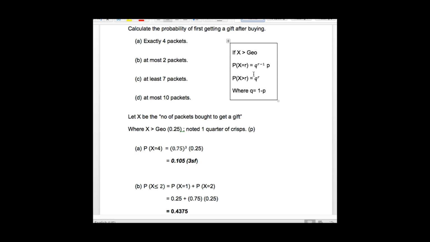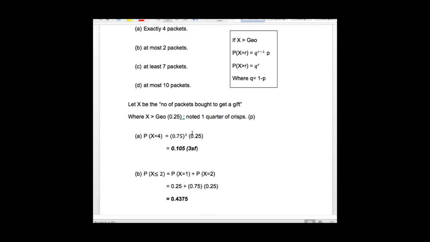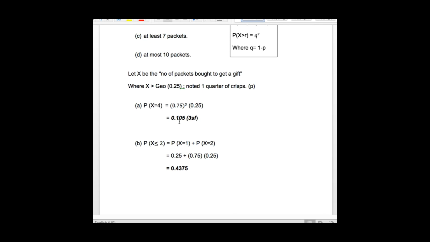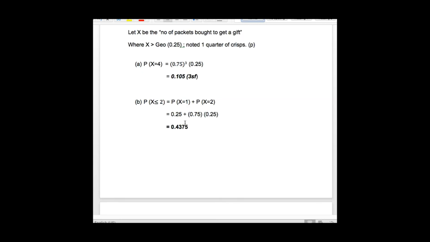The q we get here is 1 minus p, which is 1 minus 0.25, which is 0.75, to the power of 3, since r is equal to 4 and 4 minus 1 equals 3. Then multiply by 0.25, which is p. Solving this formula, the answer is 0.105, taken to 3 decimal points.